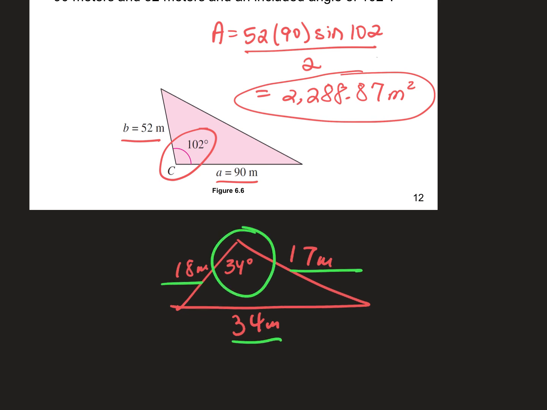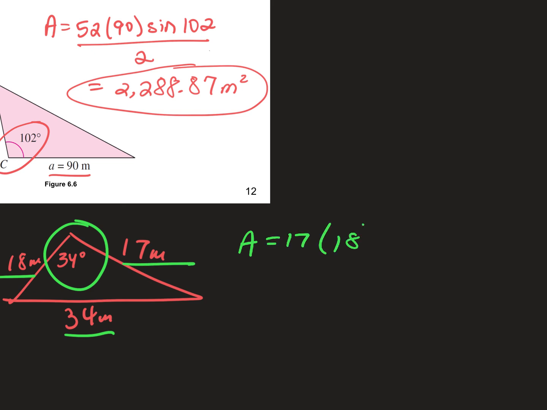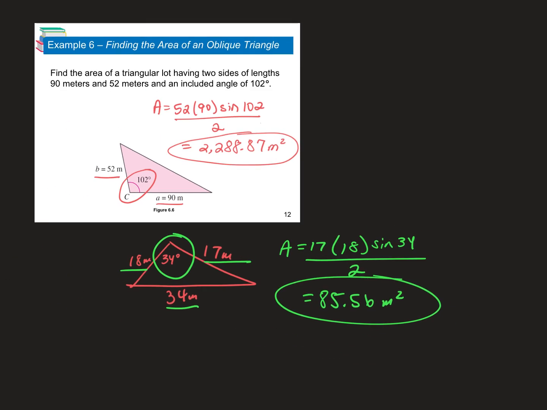So what two sides and angle would I use here, guys? 18 and 17. Do you see that? Don't just grab any random two sides. You need the two sides that have the angle in the middle. So you would say area equals 17 times 18 times the sine of 34 and divide all that by 2. Now, I just made this up, so. 85.56 meters squared. That's it. That is area of an oblique triangle.